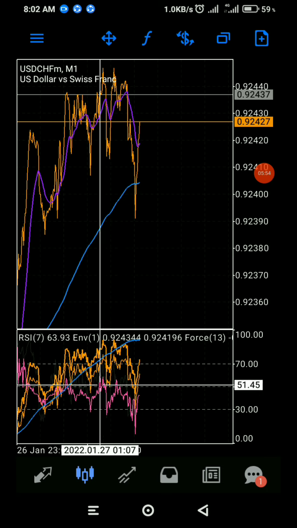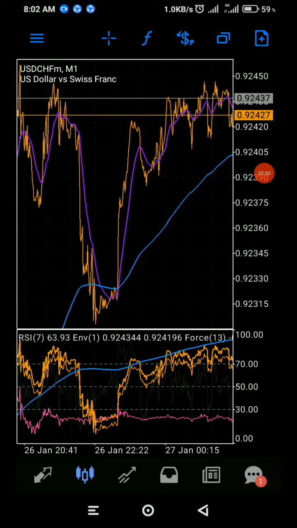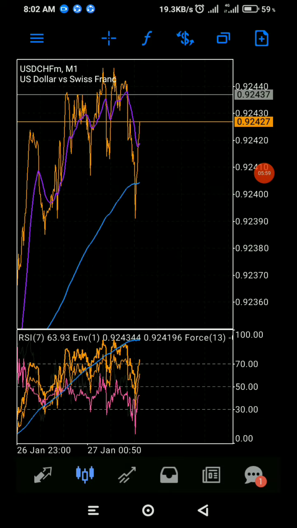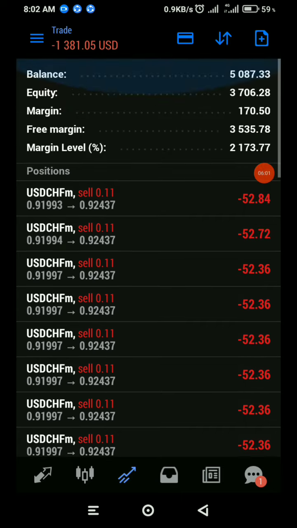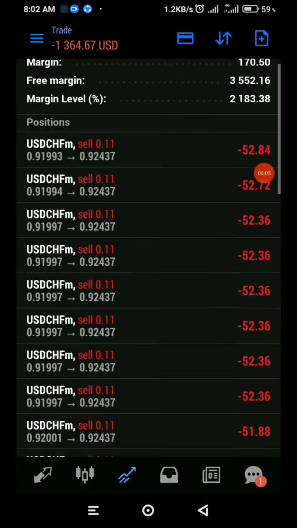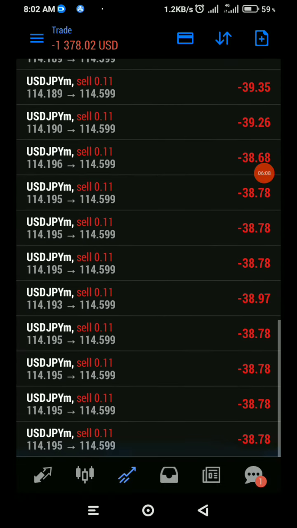On the M1 chart you see the 20 and the blue cross on 70 for sell entry, sell signals, but still it's in a losing moment. So I'm just explaining why it happened.